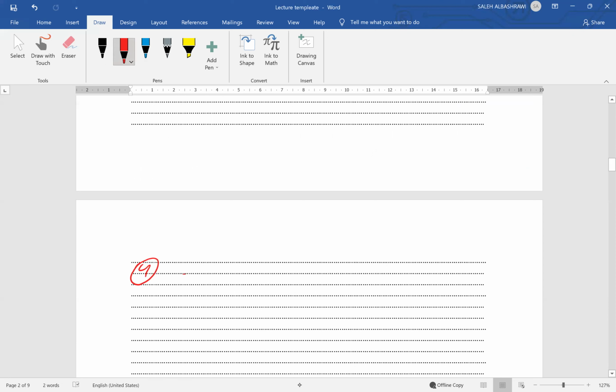We need to verify sine square x minus 2 sine x plus 1 divided by sine x minus 1 equal to sine x minus 1.